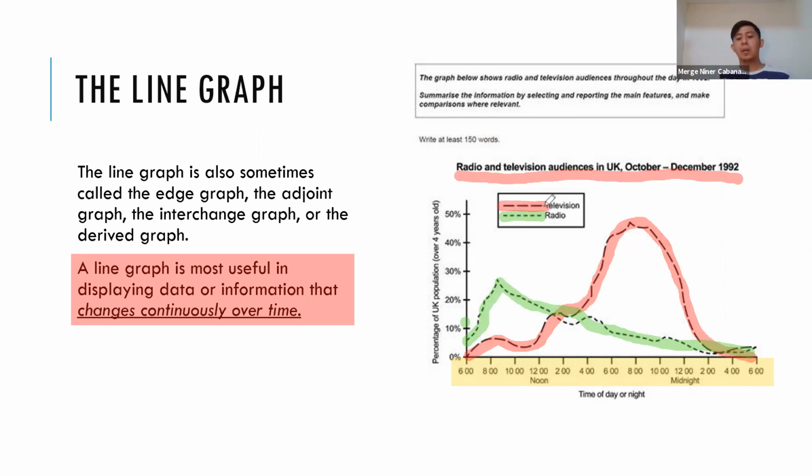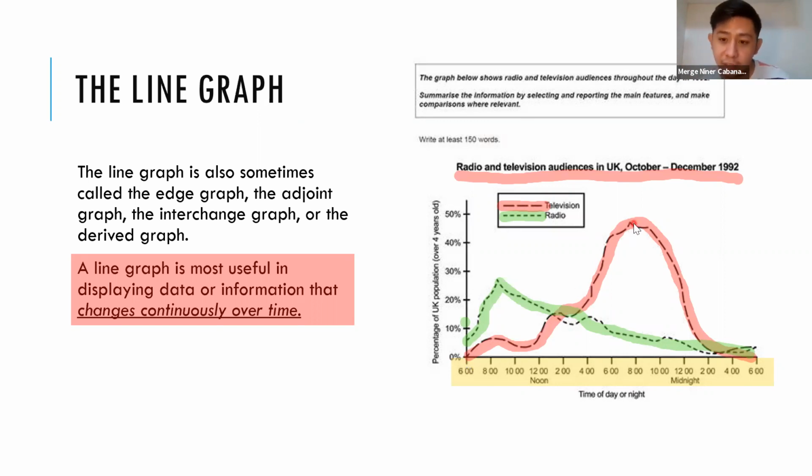Okay, now, just by looking at this, I'm not going to do anything crazy. I'm just going to look at this. Can I see changes right away? Yes. Like, take a look at this. TV, all right? It changes from 0% at 6 in the morning.